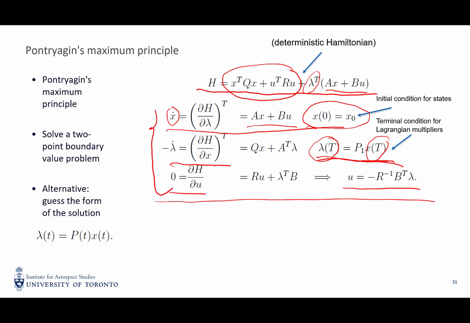So alternatively, what we do here is that we guess a form of a solution. We constrain lambda t to be a linear map, the product of p and x. If we apply this assumption in the control input, we can simplify this optimality condition such that we can get an explicit result to solve for p and also u.